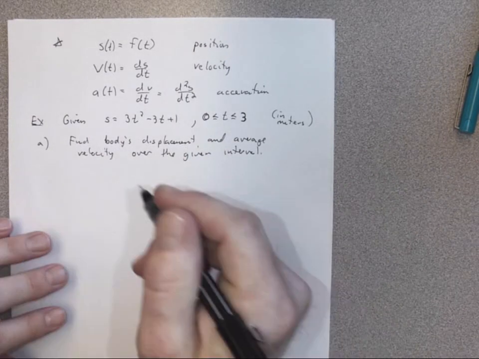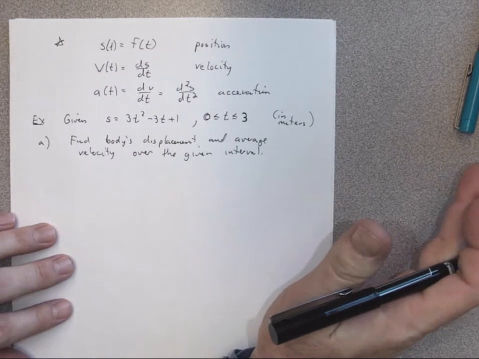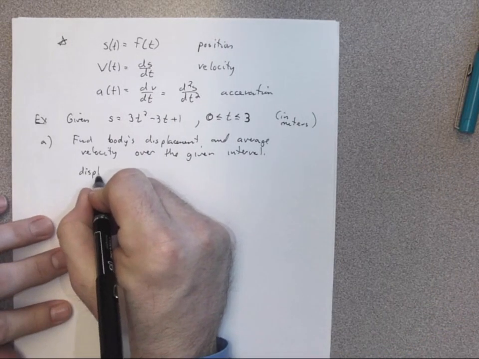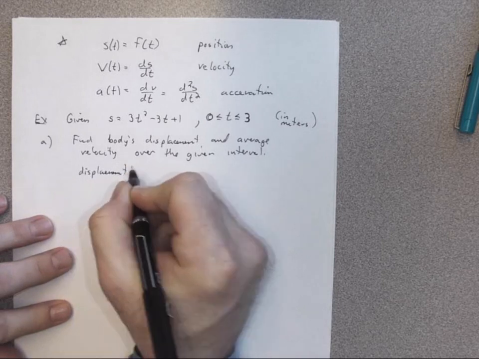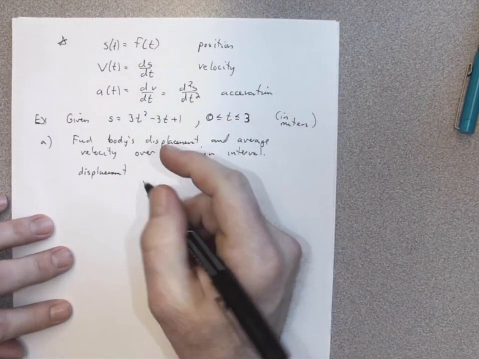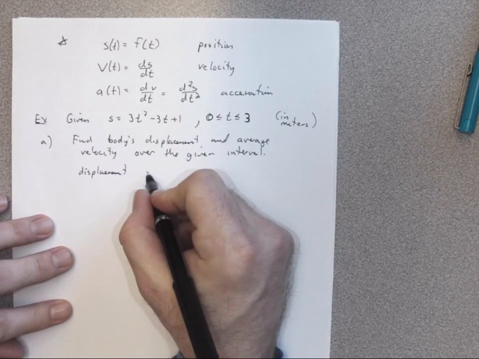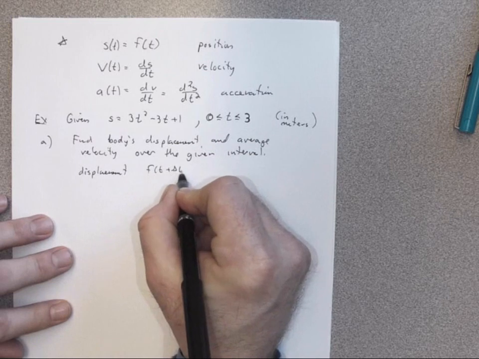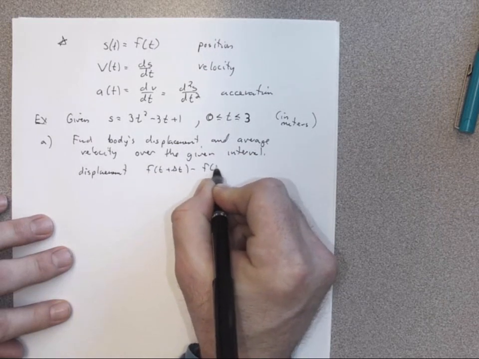In order to answer this question, what we know is displacement is just our displacement. It's going to seem silly for me to write this out, but it's pretty straightforward. It is f of t plus change in t minus f of t, right?